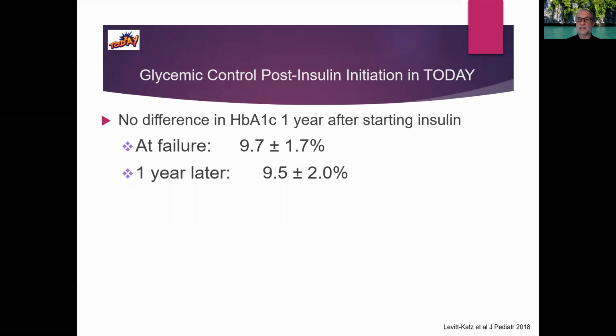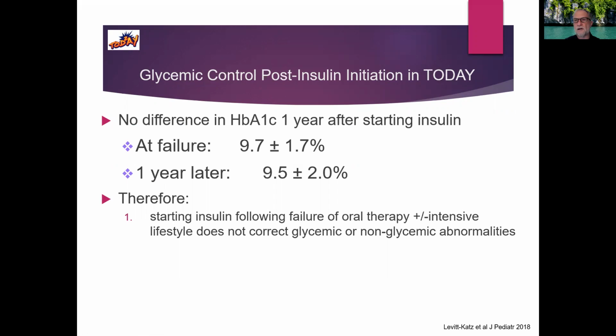One thing I do want to say is many people just say, well, just start them on insulin at that point. But the fact is that at least in the United States and the data from TODAY, this isn't so simple. In TODAY, kids who lost glycemic control were in fact started on insulin by protocol. And what we found was that at the time that insulin was started, A1C was 9.7%. And despite aggressive titration of insulin dosing, a year later, their A1C was mostly unchanged.